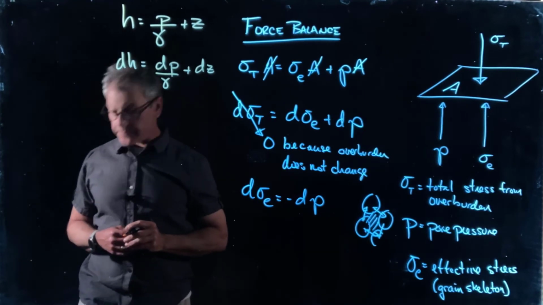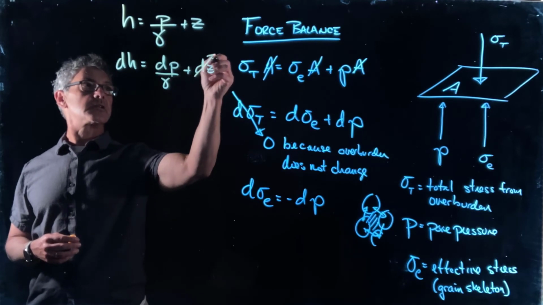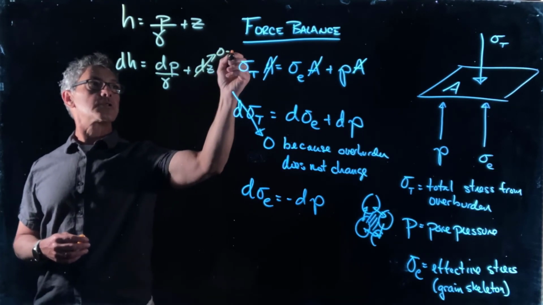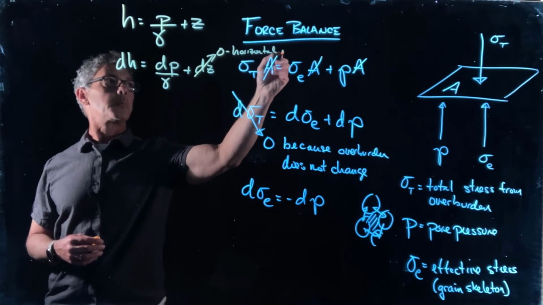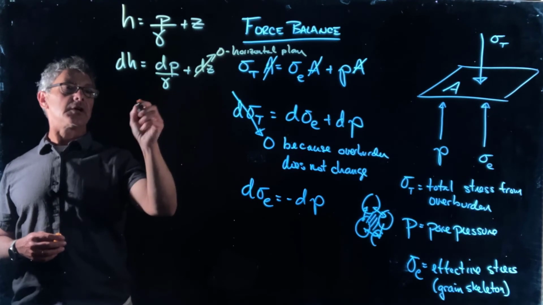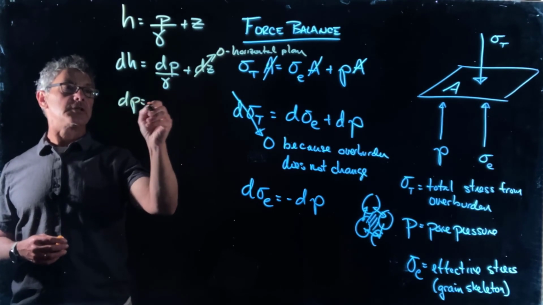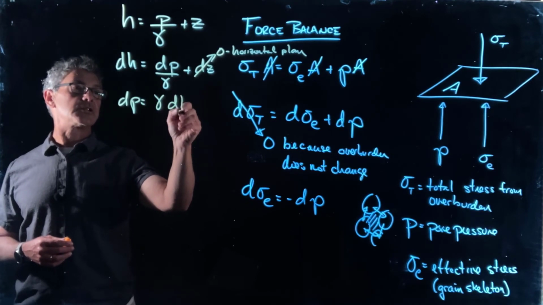Now notice that this change in elevation actually is 0 in this case because we have a horizontal plane. So that means we can solve for dP, which is simply gamma times the change in H.